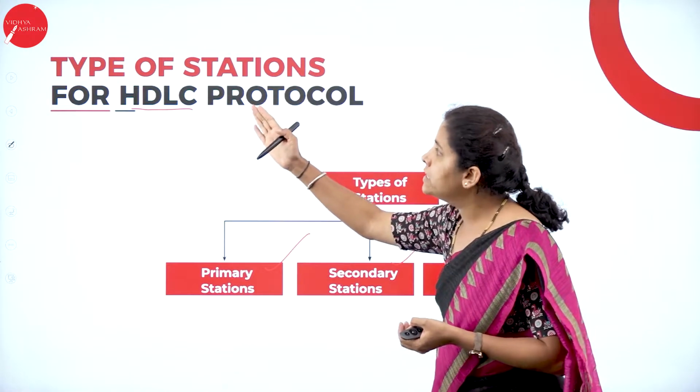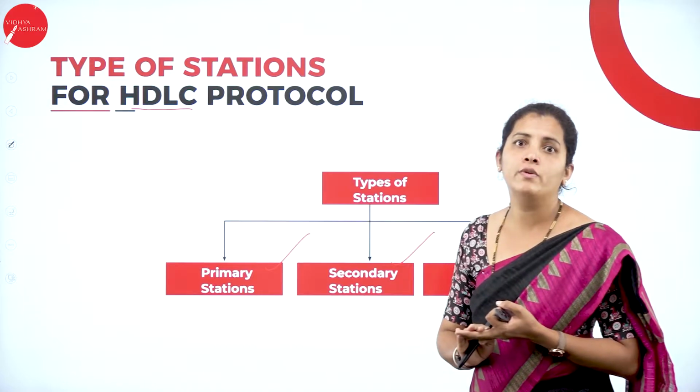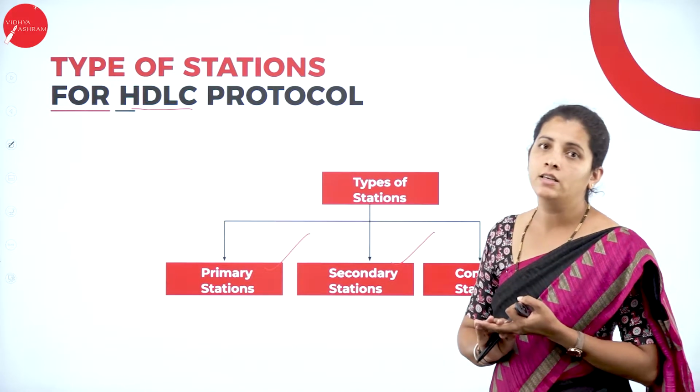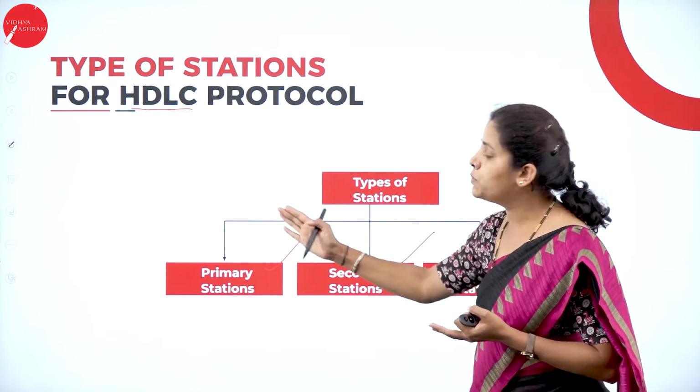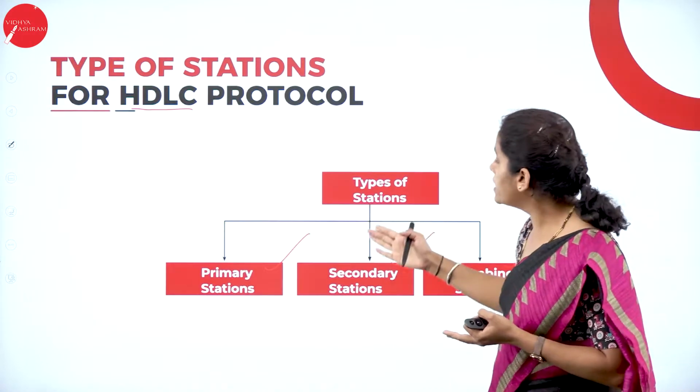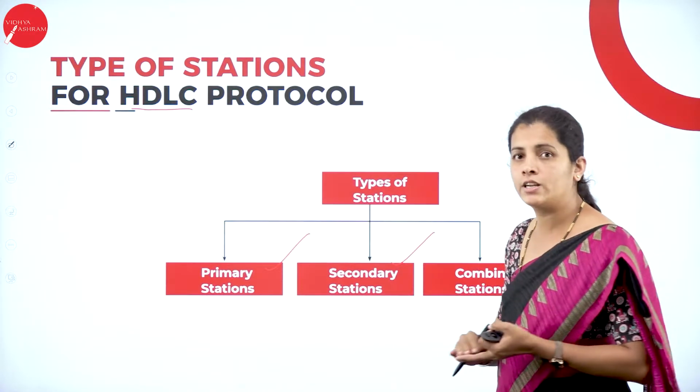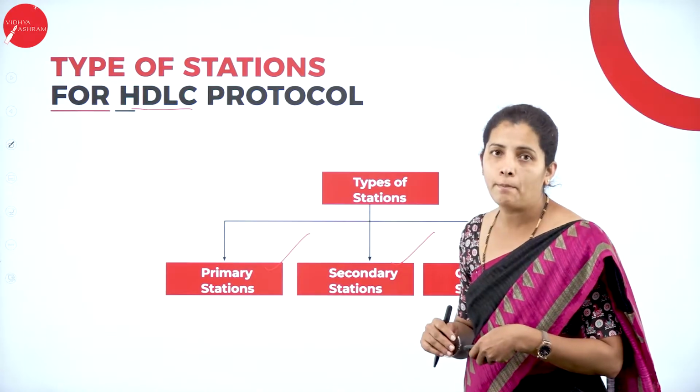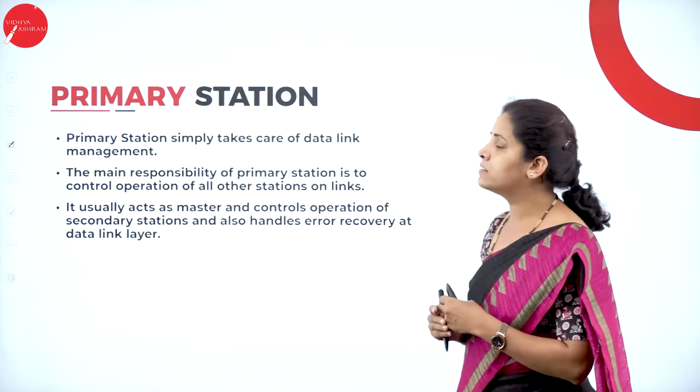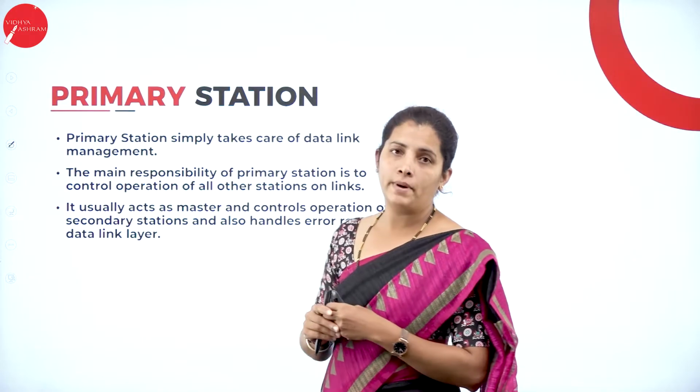So, I repeat, in HDLC protocol, we get three different stations: primary station, secondary station, and combined station.